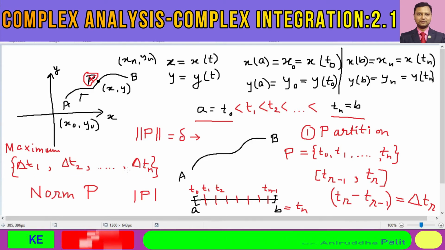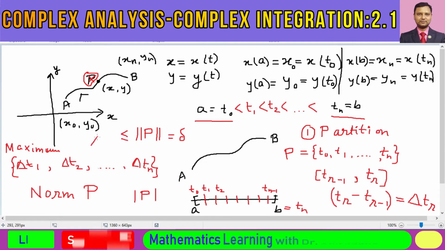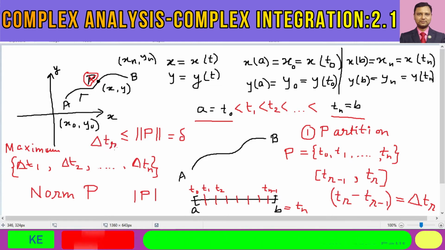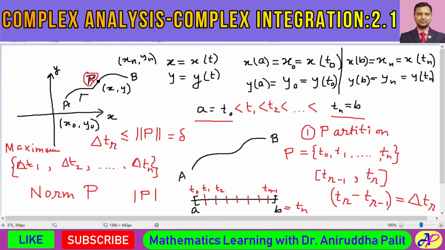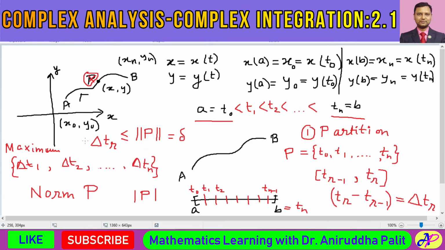Because this is the maximum, each and every delta tr should be less than or equal to the corresponding maximum value, that is, less than or equal to the norm of P. Again, each and every such interval is greater than or equal to 0.